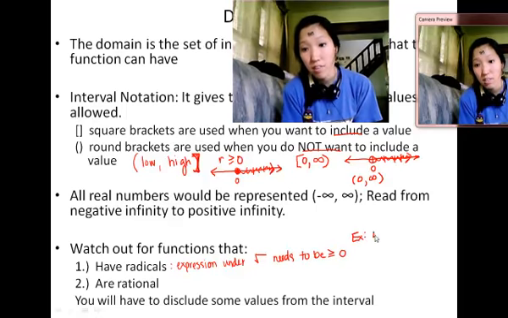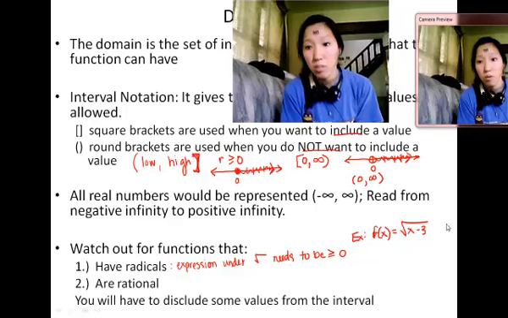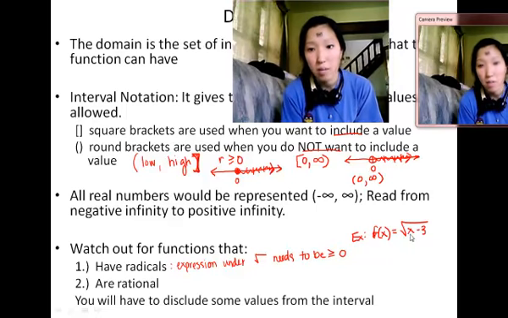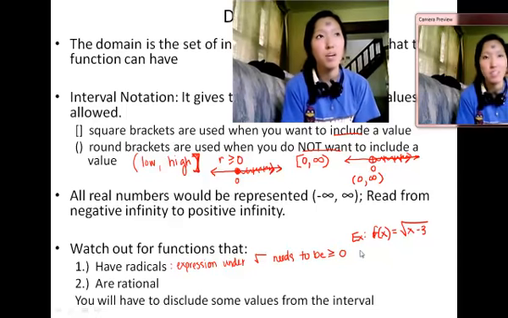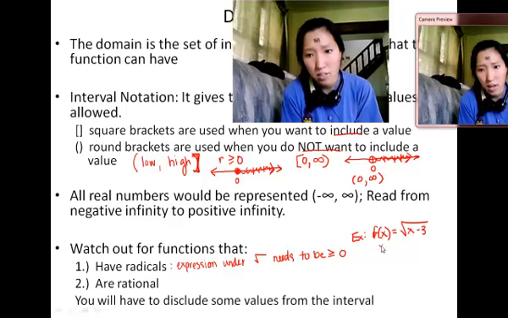If we had the function, let's slap in that stamp there. f of x is equal to the square root of x minus 3. Right? We could plug in 3 and be okay, but let's say I unknowingly didn't know that x could not be something like, let's say, 1.